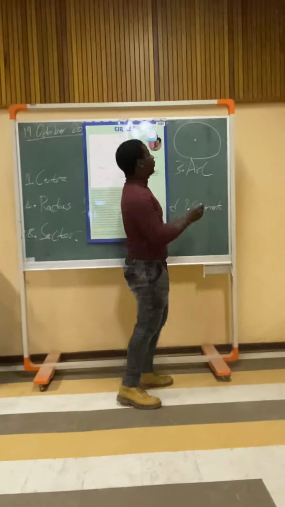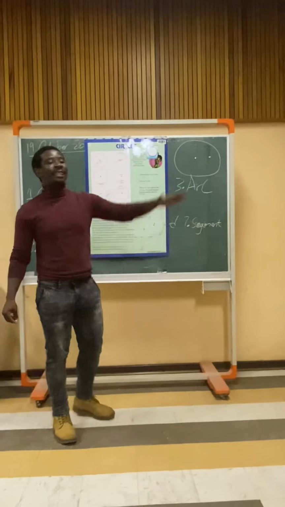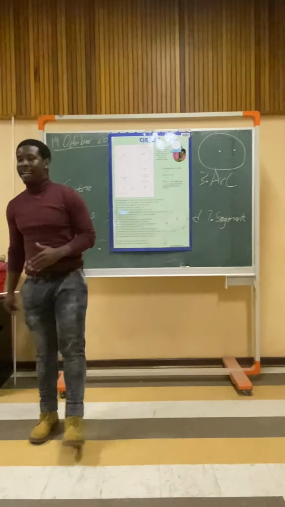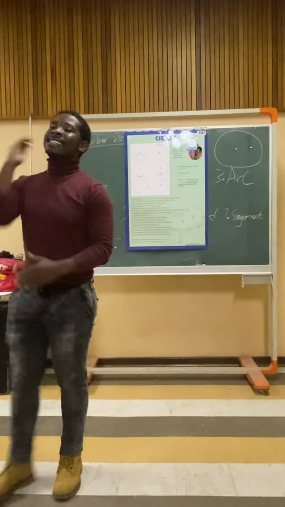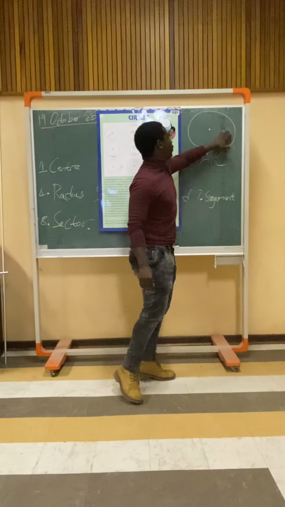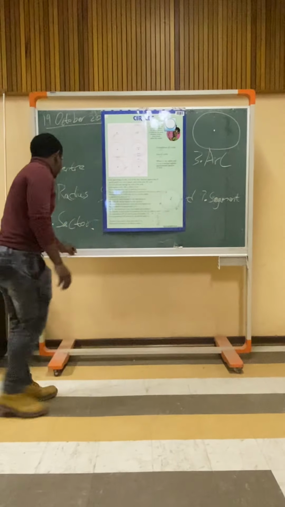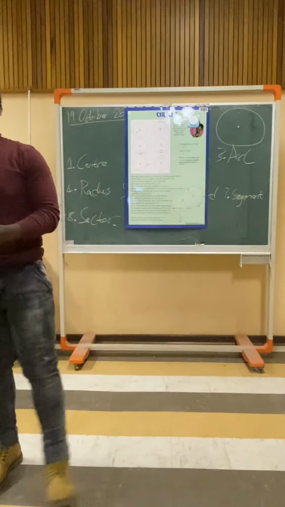So you can't say you have a center and you put your point here. It's not in the middle of the circle. So when it's not in the middle of the circle, it's not the center. Okay. So you see your center by the point exactly in the middle of the circle.